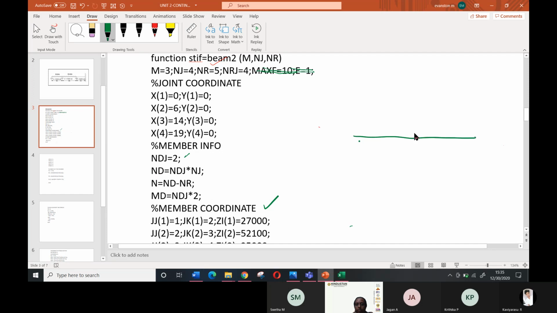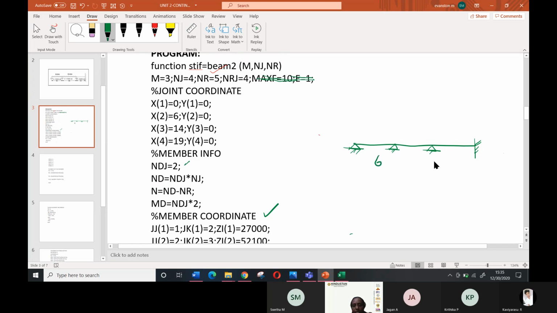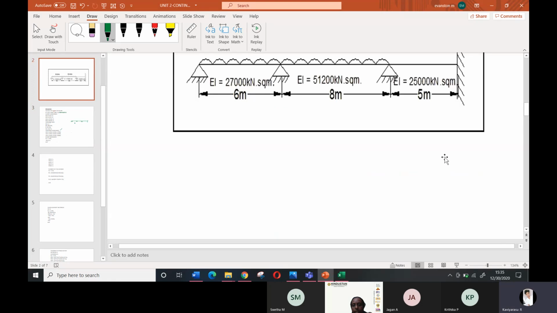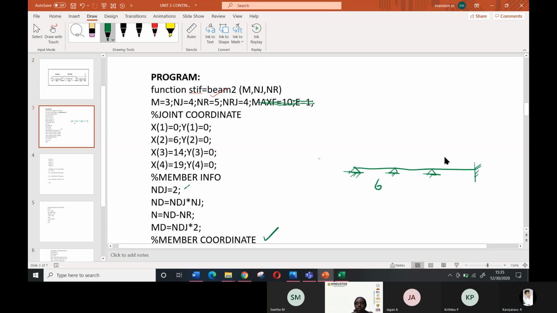Once again I'll draw it. This is the problem. This is 6, am I correct? The problem you are dealing with is 6, 8 and 5. So this is 6, up to this one 8, and this is 5.